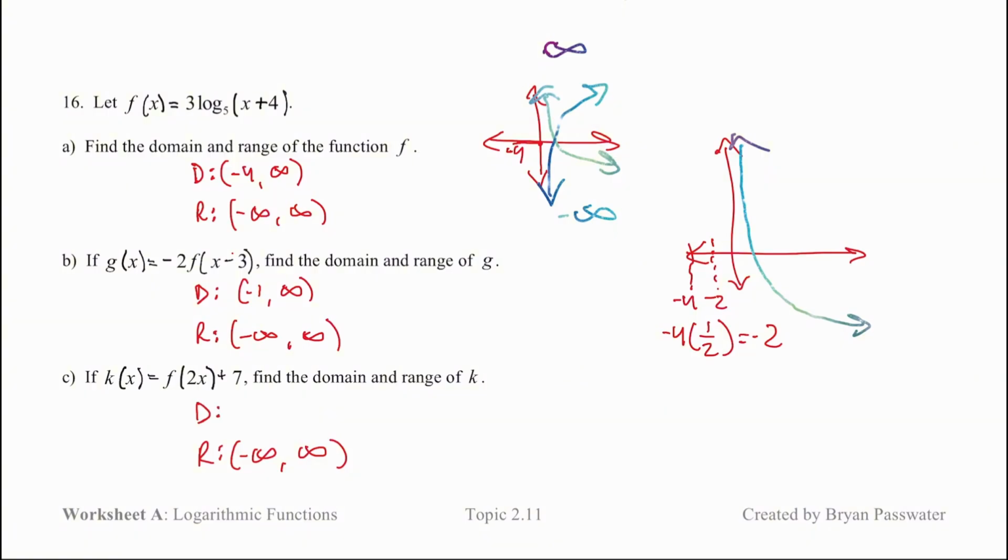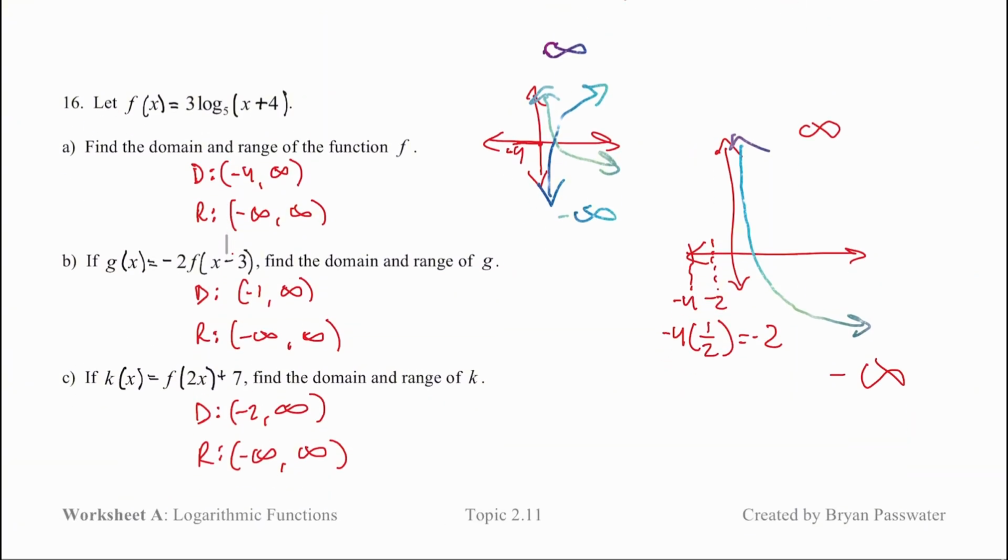So yeah, we have +7 here, so the graph moved up 7, but that's not going to affect anything because the range already goes to both infinities, positive and negative infinity. So yeah, so domain is -2 to infinity.